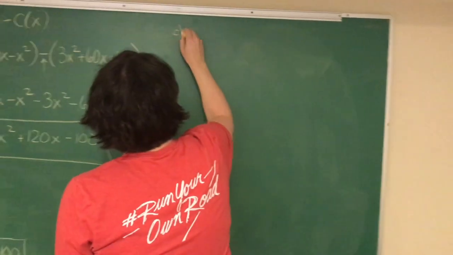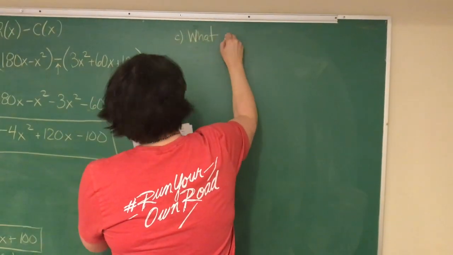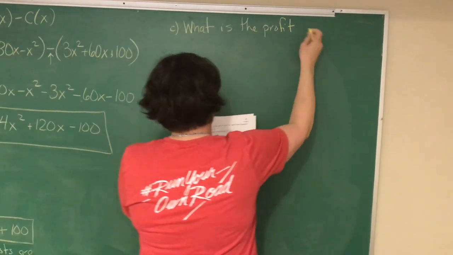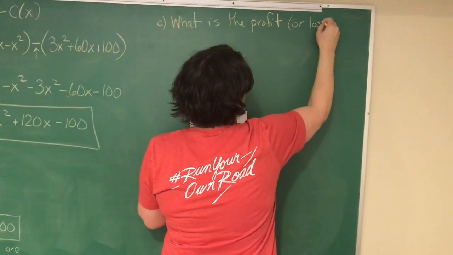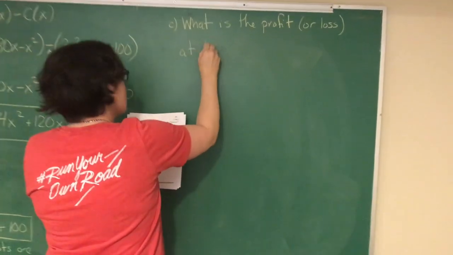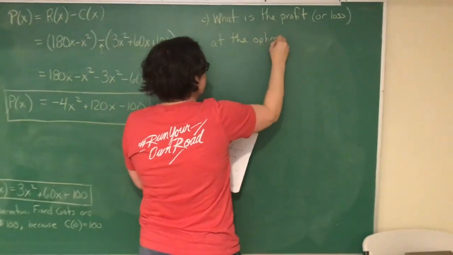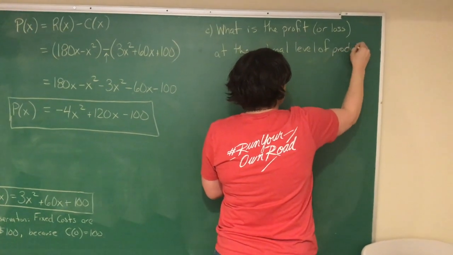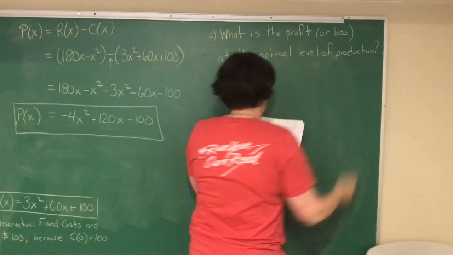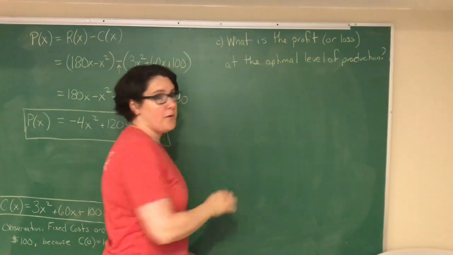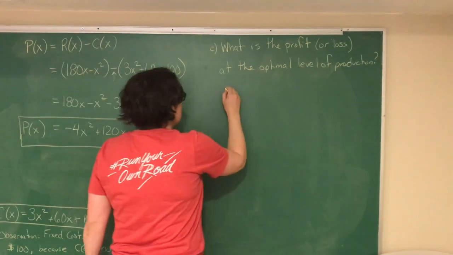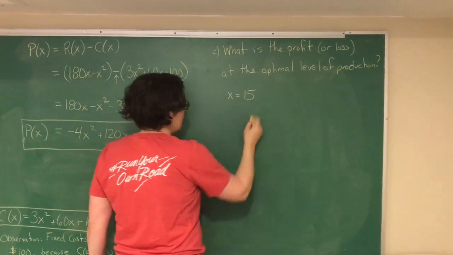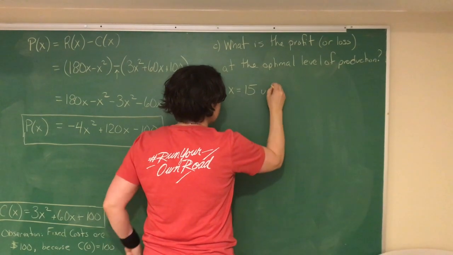So part C, we are going to ask, what is the profit or possible loss at the optimal level of production? Now, we saw in part A that the optimal level of production occurs when our company produces and sells 15 units or 15 items.